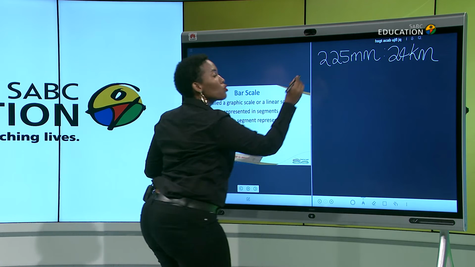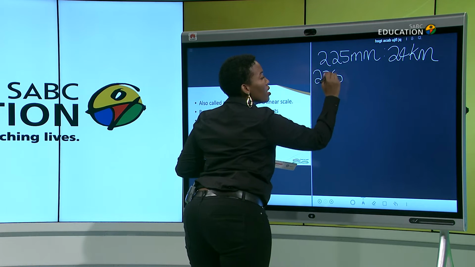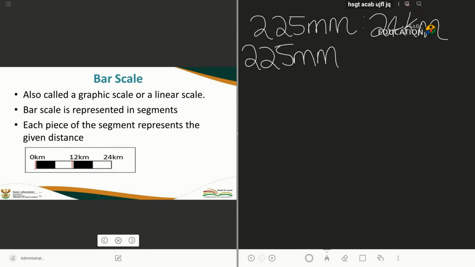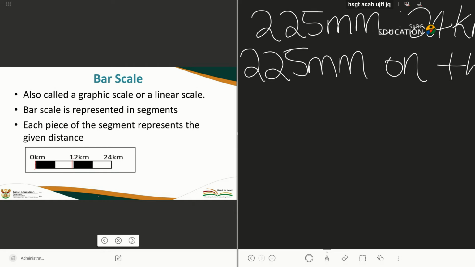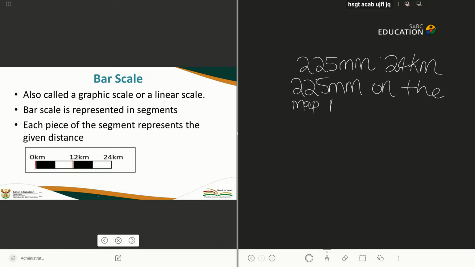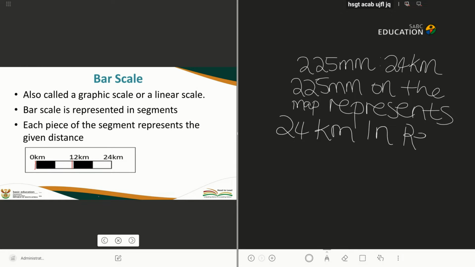So now, how do I explain this scale? I'm going to say the 225 millimeters, that is measured on the paper, or you can say on the map. 225 millimeters on the map represents what? 24 kilometers in reality. I hope you can see this.